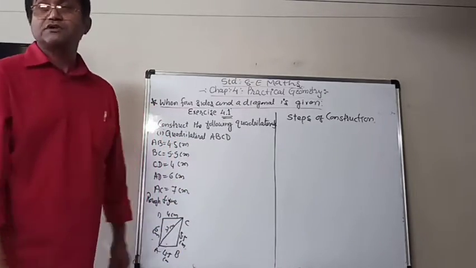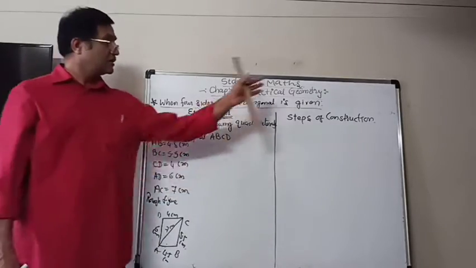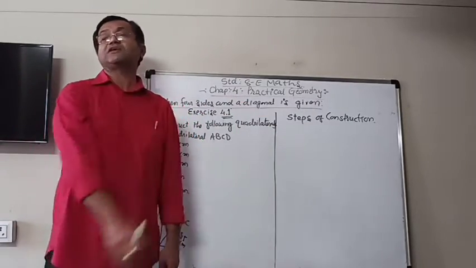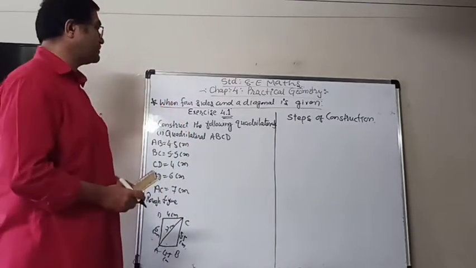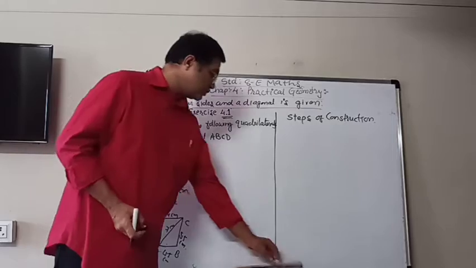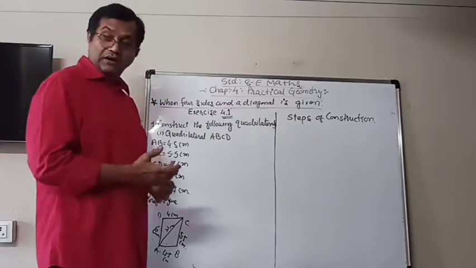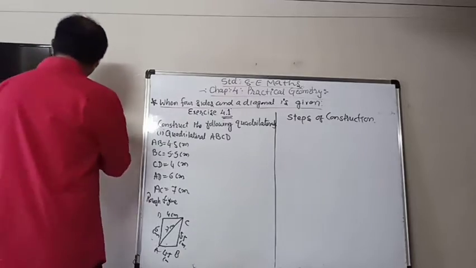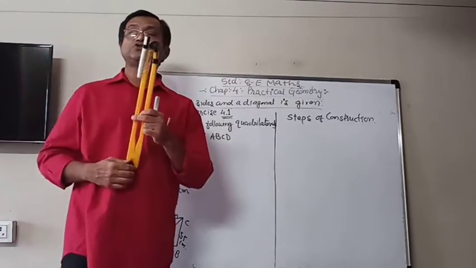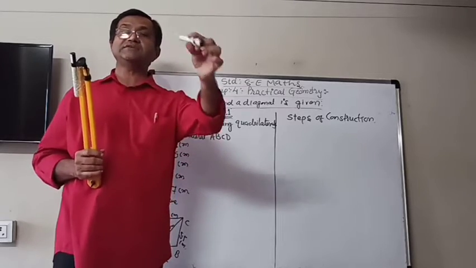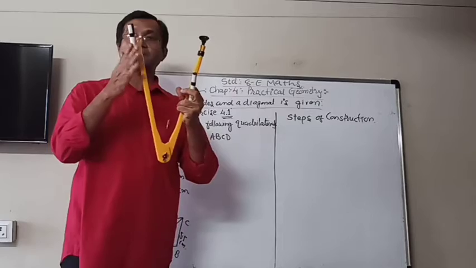So rather you draw on the left page and write the construction steps on the right page, so it is convenient, you don't have to move the pages. And as I told you, keep 2 pencils ready, one with the compass and the other. I have also my 2 pencils ready, one there and one along with my board compass.